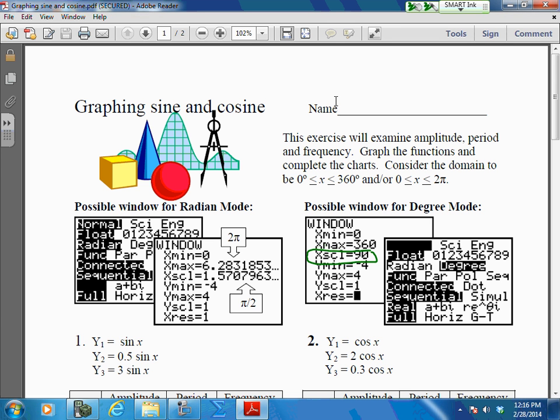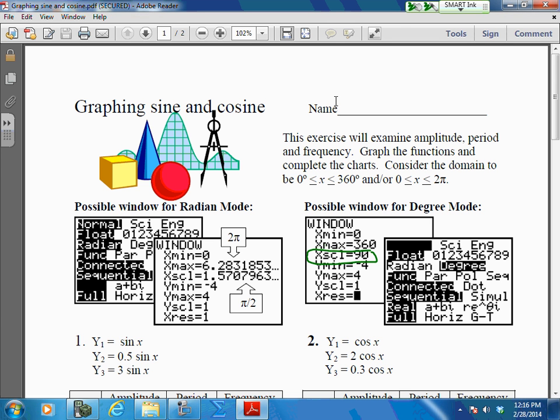Okay, let me explain the difference between the radians and the degrees. When you put your calculator in radians and you do zoom trig, it converts your 2 pi to a decimal value. It multiplies 2 by 3.14, and so on. This was your scale. Your scale said pi over 2 for 90. It does 3.14 divided by 2.